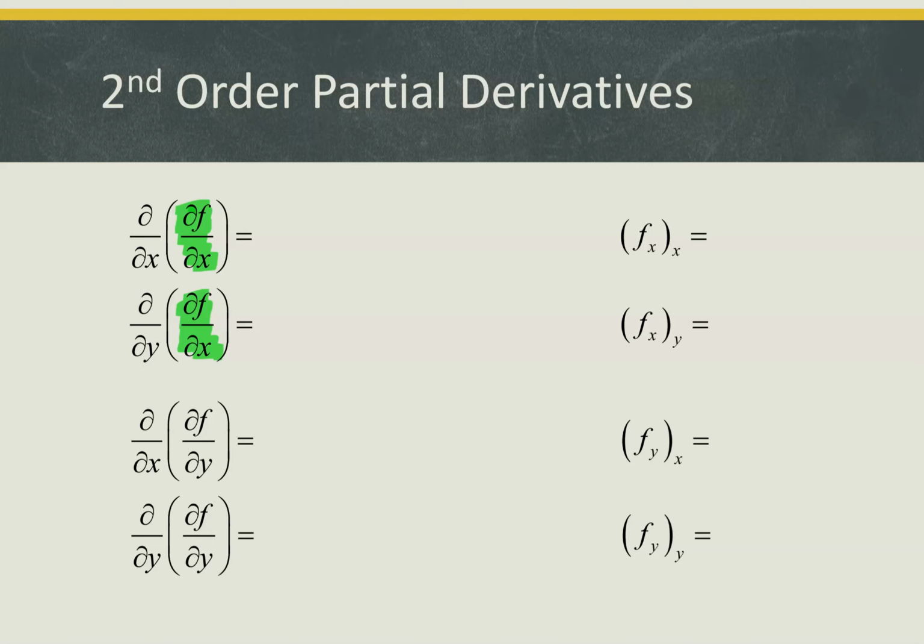There are two partial derivatives that I could take. This function, partial of f with respect to x, is a function of x and y. So I can take a second partial derivative with respect to x again, or I could start with that partial derivative with respect to x, and I could then take a partial derivative with respect to y.